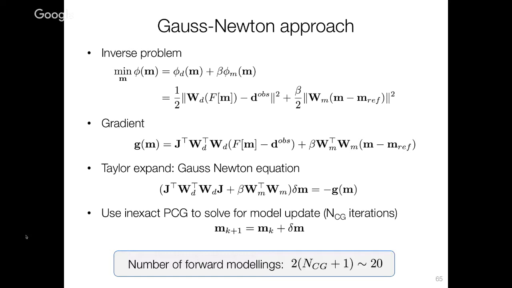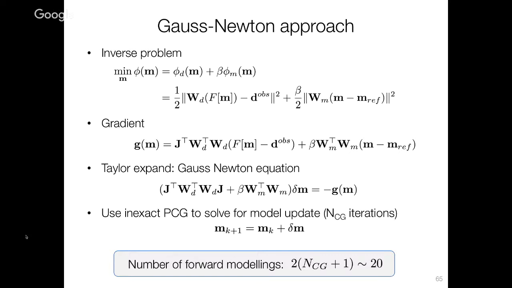So if we're going to minimize that, we're going to take the gradient. If we differentiate this with respect to the parameters, then we get this as the gradient term. The J in here is the sensitivity matrix. So this tells us how much each datum changes when we change an element of the model that we're looking for.